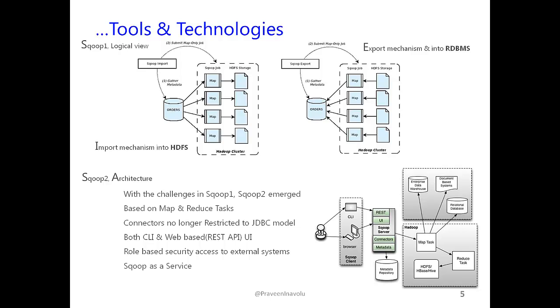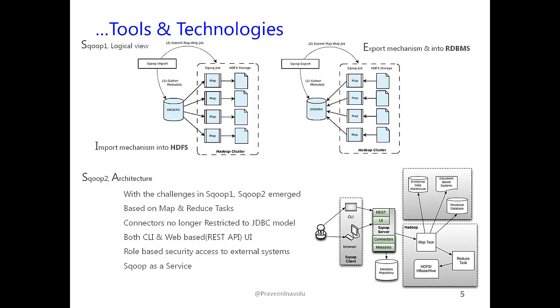So this is the logical view of the Scoop architecture and how the data transfer happens from Hadoop to relational databases. On the left side, you can see an import into the Hadoop environment from relational database systems.